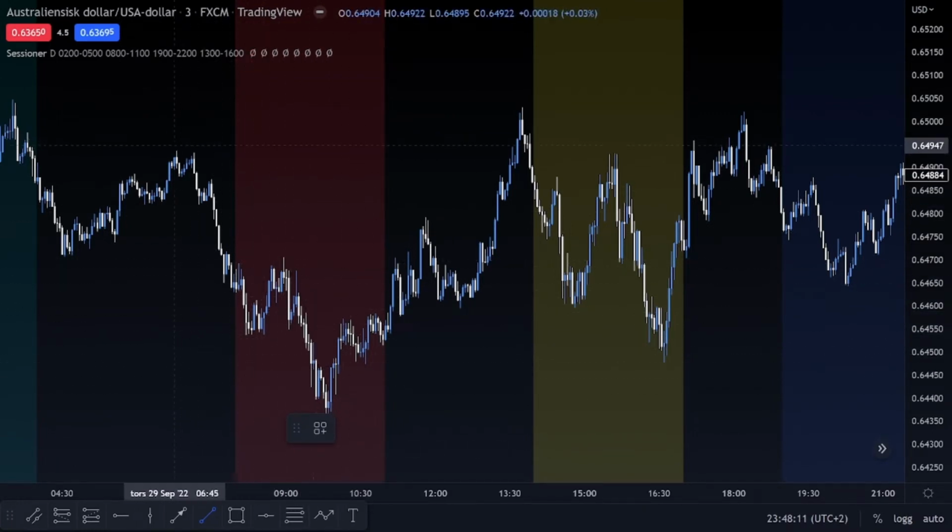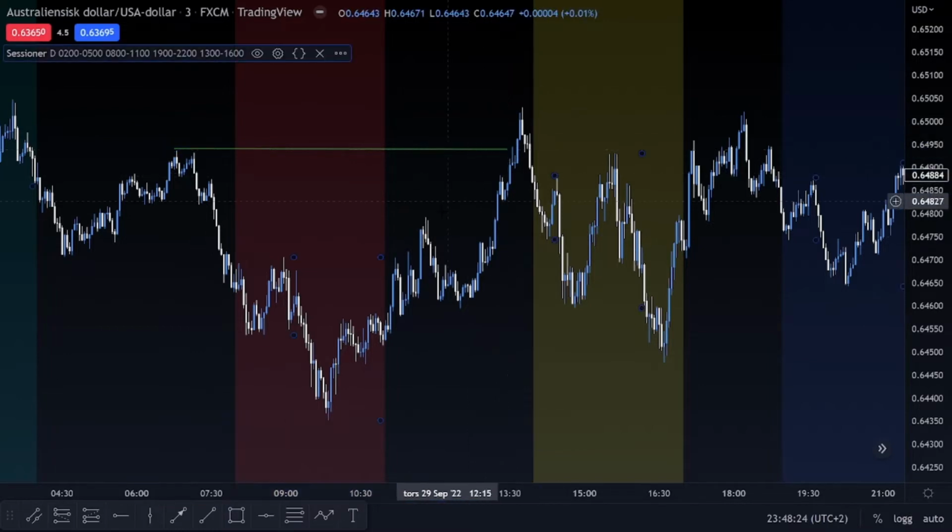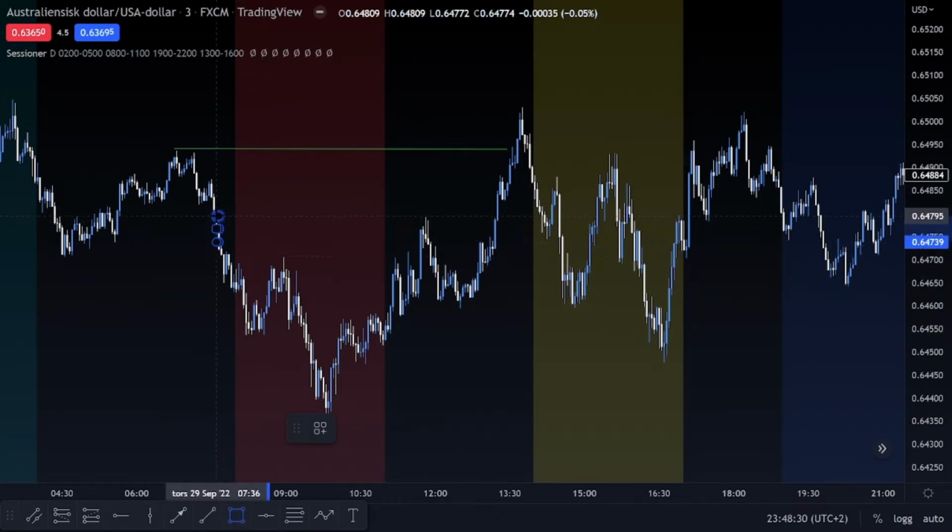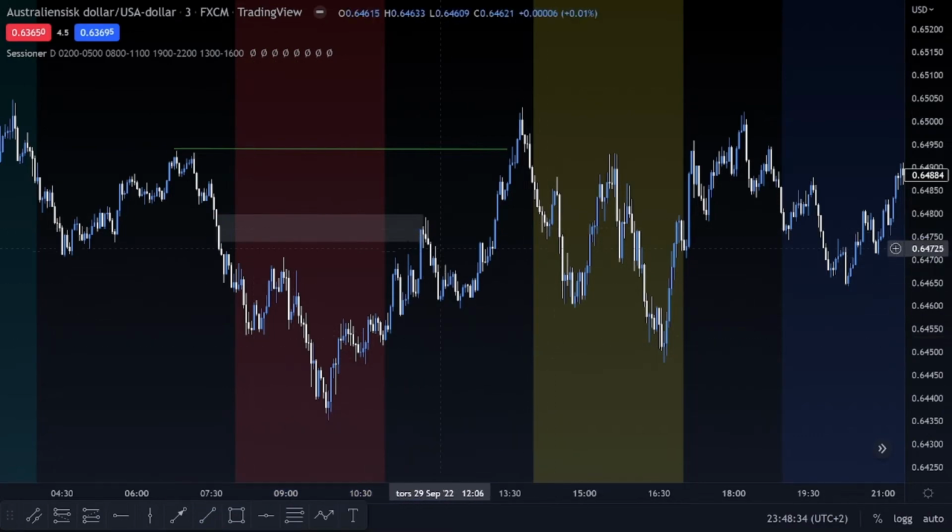And whenever price is creating an obvious high, I just draw a line here to mark off the level. We also have some imbalance here, so this could be an area to mark off, because we know that price is likely to come back to these areas.